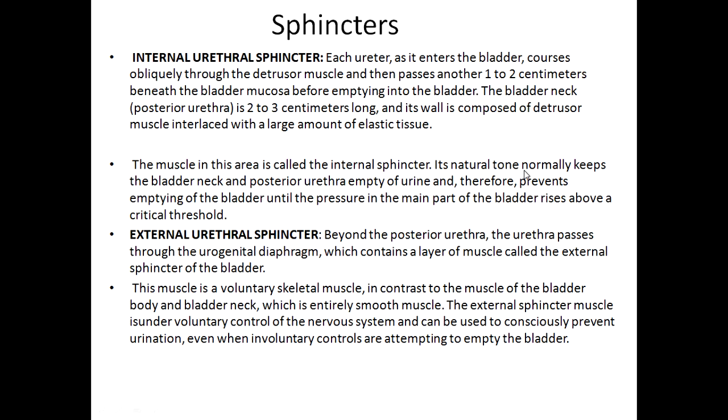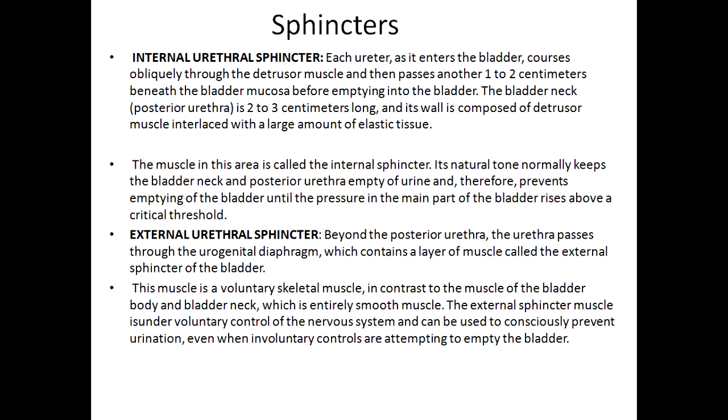Its natural tone normally keeps the bladder neck and posterior urethra empty of urine and therefore prevents emptying of the bladder unless the pressure in the main part of the bladder rises above the critical threshold. What is the main function of the internal urethral sphincter?